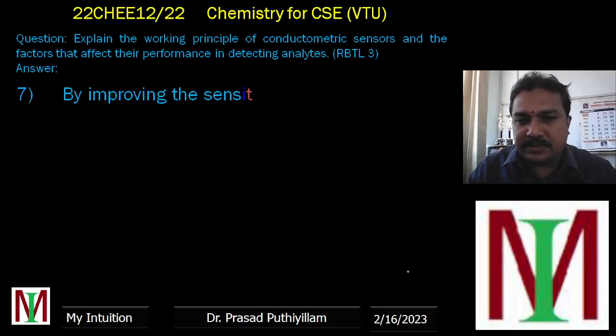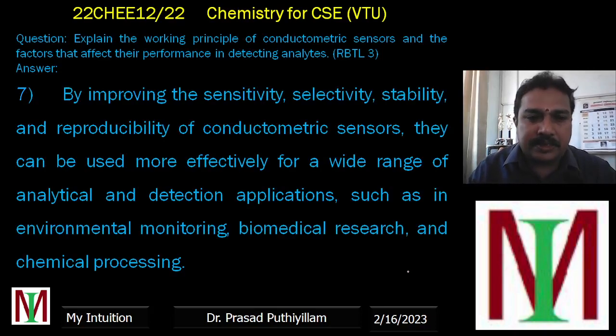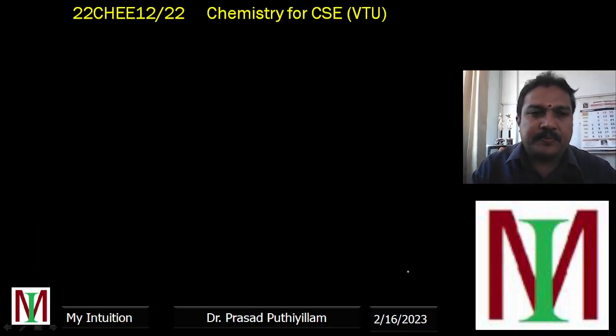By improving the sensitivity, stability, selectivity, and reproducibility of the conductometric sensor, it can be used more effectively for a wide range of analytical and detection applications such as environmental monitoring, biomedical research, chemical processing, etc.